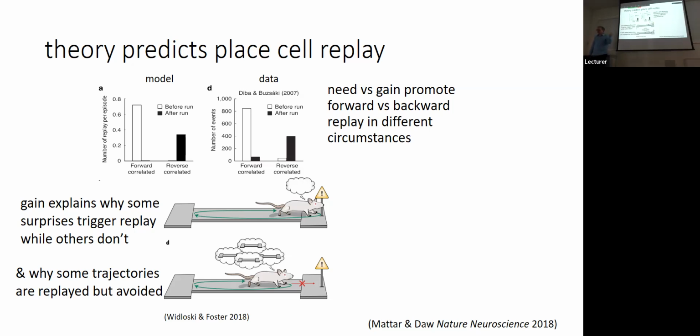You still have to go and collect it to get to the other side and get the reward. So this is at least one of our examples of that property of gain. But again, it's something you'd like to test more directly. We have tested that in the human experiment, with all the limitations of MEG, and it seems that the replay seems to comply with that, but it's not, again, the ideal test.